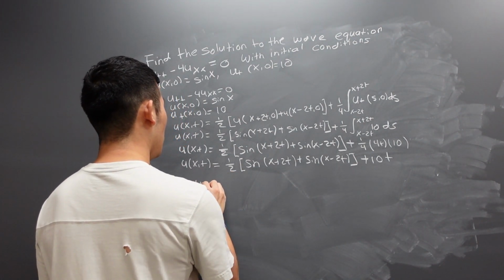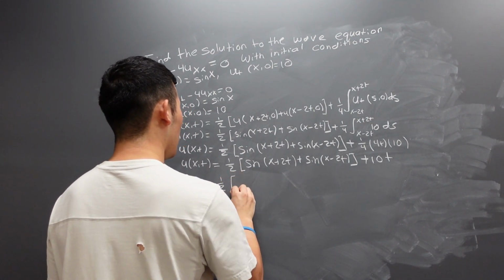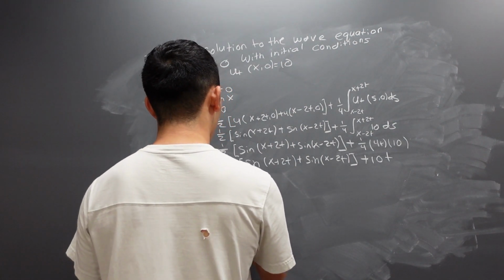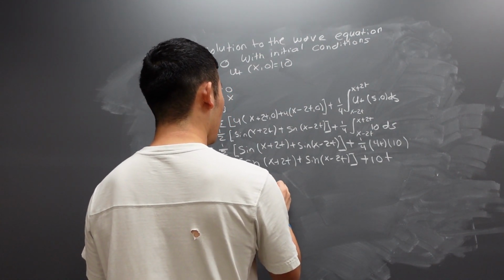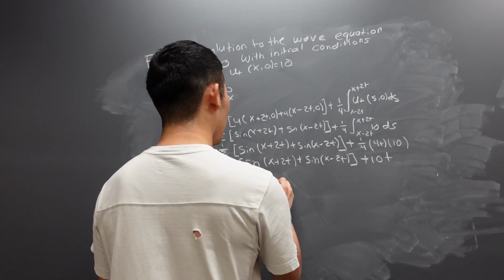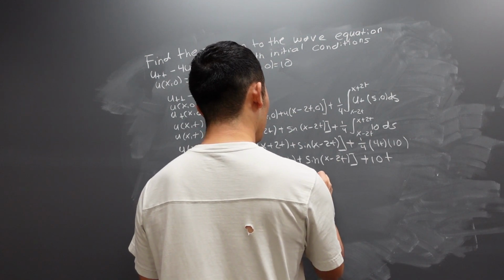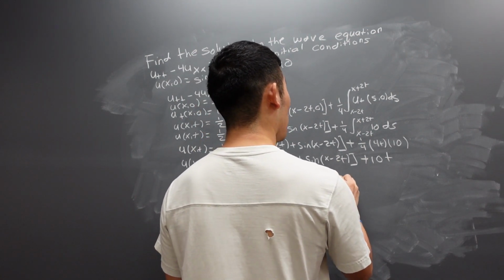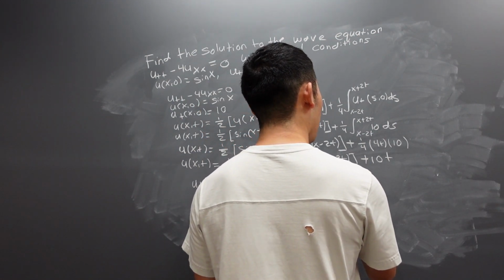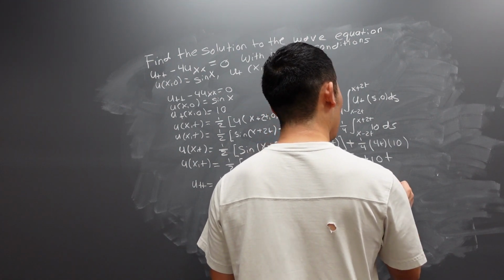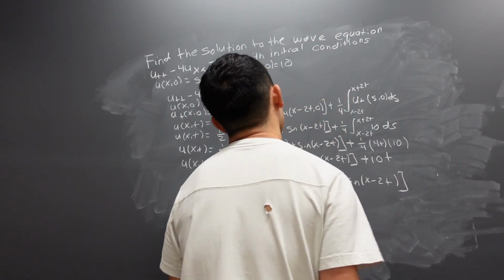So u_t is equal to 1/2 of negative 2 squared sine of x plus 2t, minus sine of x minus 2t.